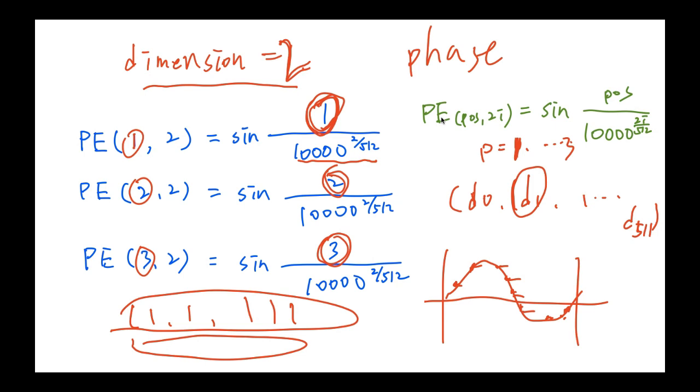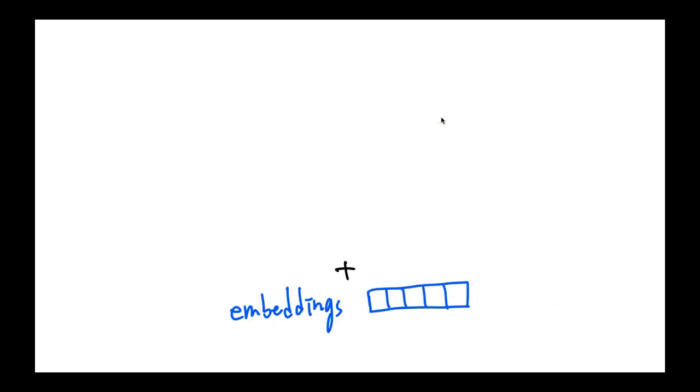No matter what kind of input you have, in the fixed dimension and fixed position, you have exactly the same value. That's how the model memorizes which position it is. And because of the residual connection, the model has access to the original raw input, so it will not lose the position information.